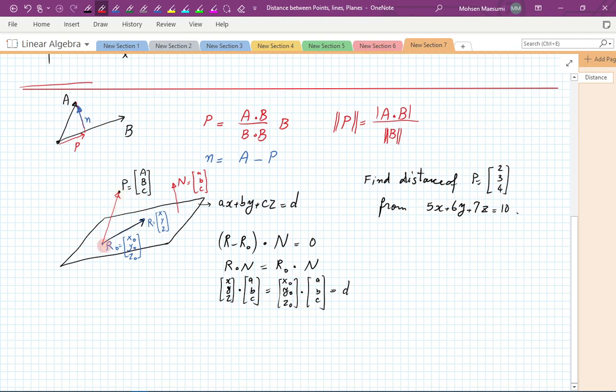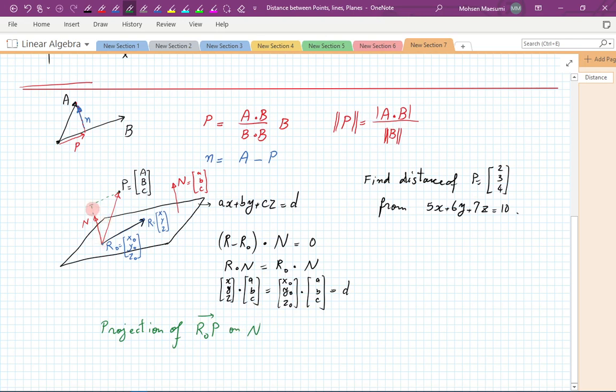So P is outside, r0 is on the plane, and I copy n here, and then I find the projection of r0P on n.